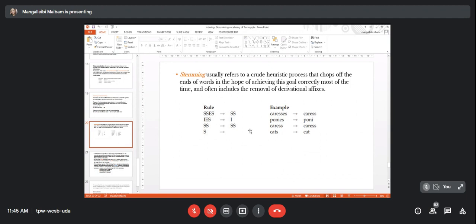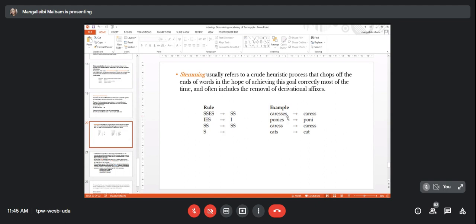You can remove derivational affixes and also chop off the ends of words. That kind of technique, to get a normalized token, is known as stemming.